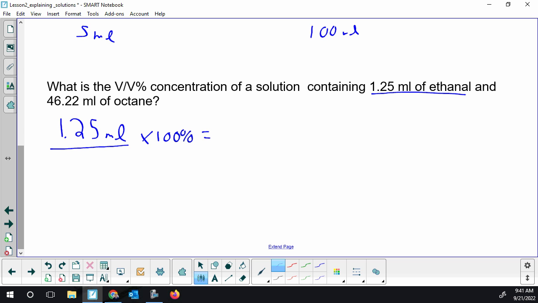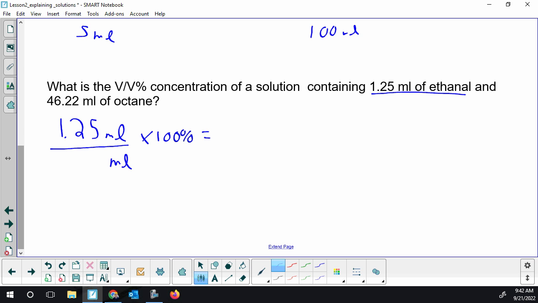Once I put milliliters in the top, I am forced to use milliliters in the bottom. I have matching units in this question, but you know you're going to see ones where they don't match. You might get milliliters of solute, liters of total solution, and you're going to have to find a common unit. Either common unit, milliliters or liters, will work.